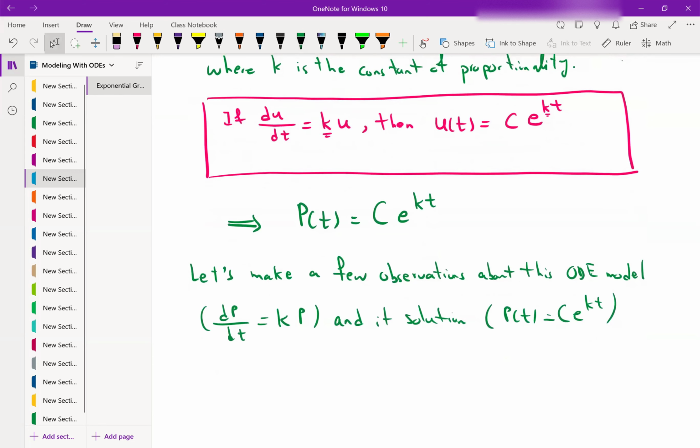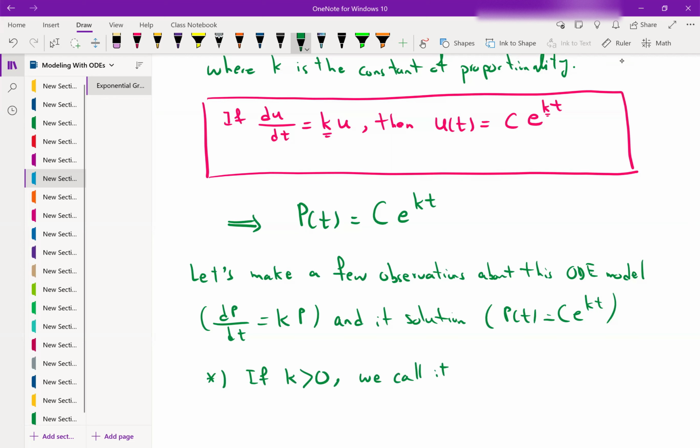And introducing some terminology. If k is greater than zero, if this constant of proportionality is greater than zero, people usually refer to it as the growth constant. In this case, we are dealing with population growth. As time passes by, the population will grow exponentially.